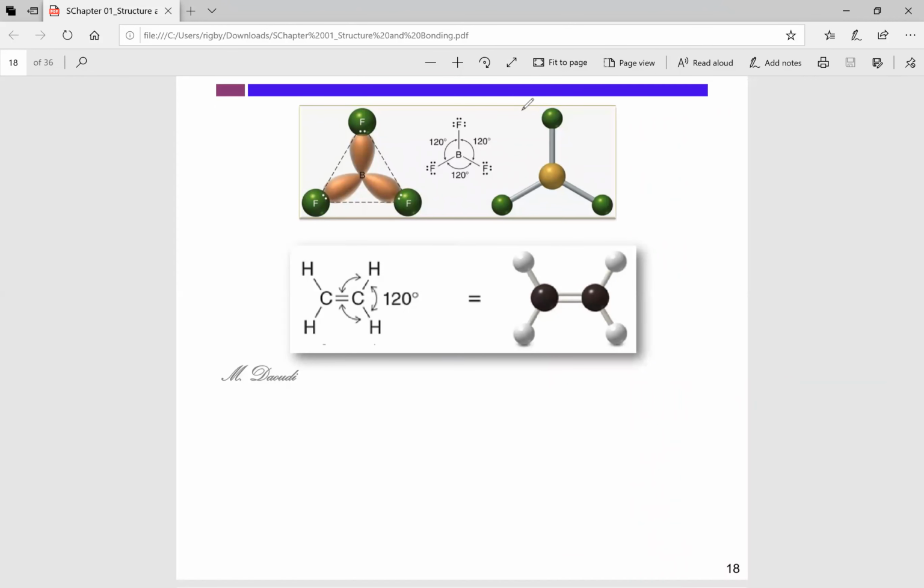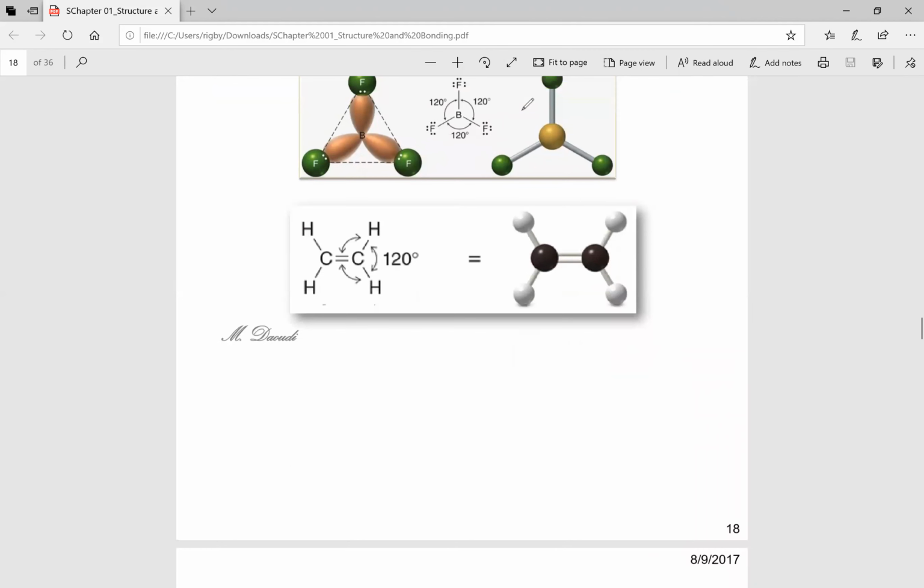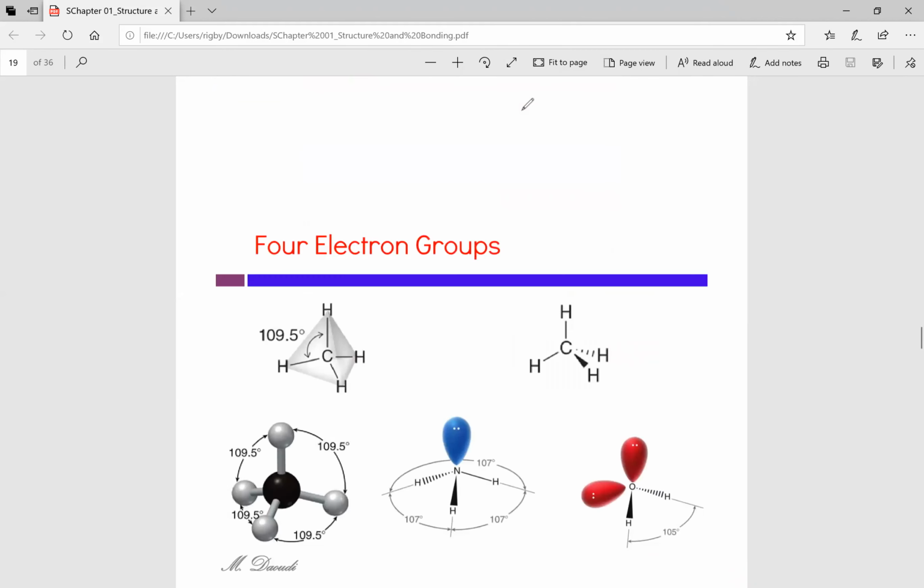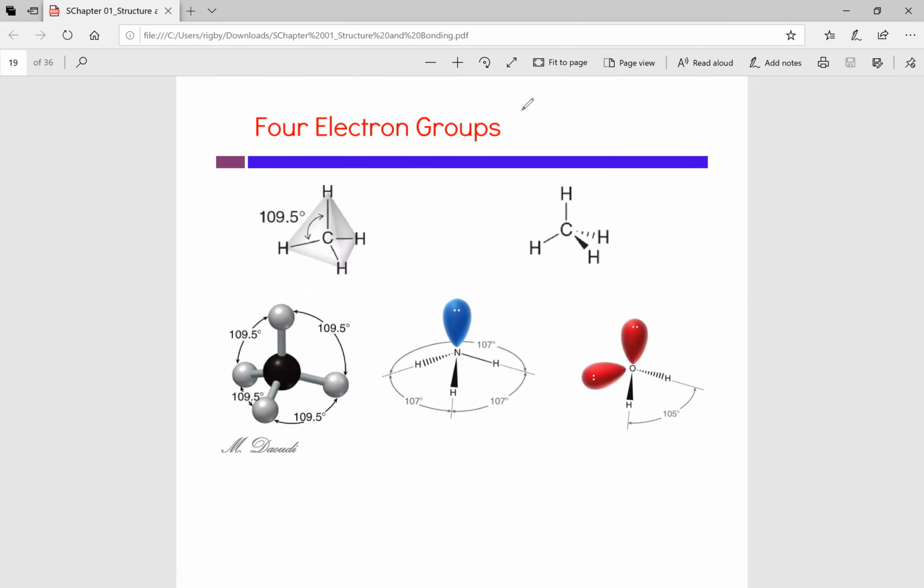So obviously to be as far apart from one another, if you only have 2 groups, is to be in a straight line. When you have 3 groups, then it's going to be in a single plane as a triangle. Okay, and finally, if you have 4 electron groups, it would be in the tetrahedral formation.